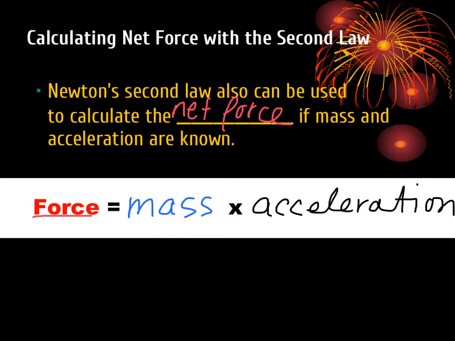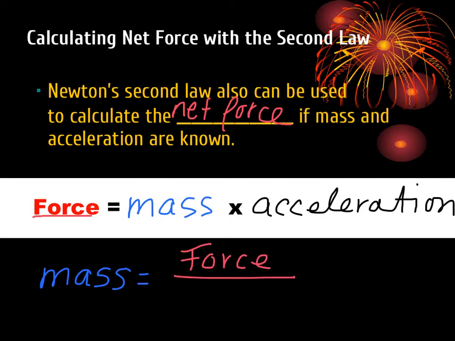The missing variable then, of course, is mass. I can solve for mass by simply taking force over acceleration. So I've got a formula for each one of my three variables that has to do with Newton's second law.